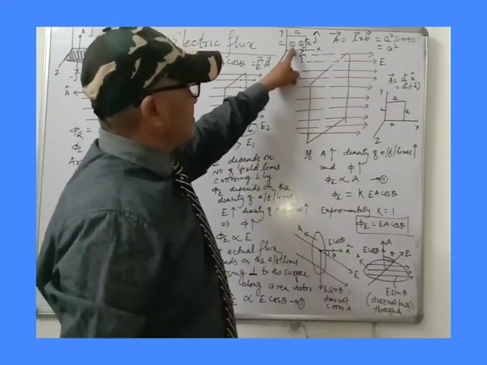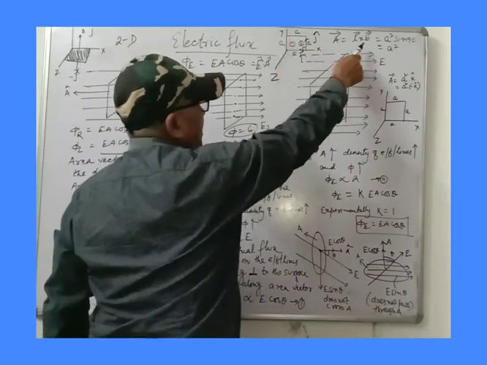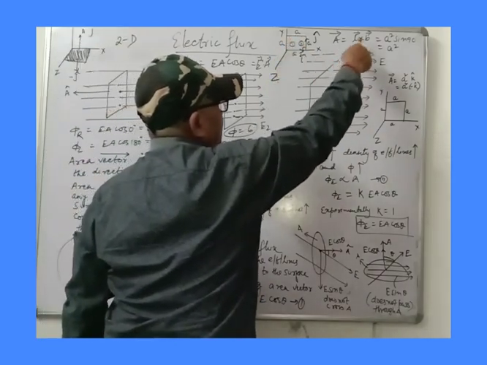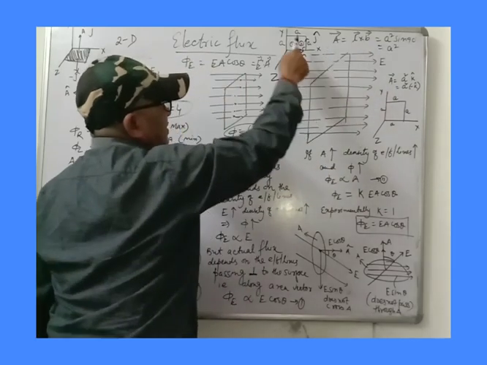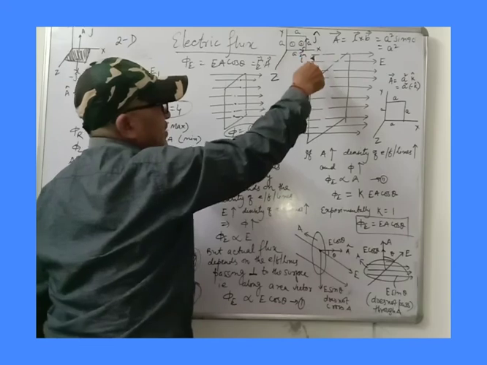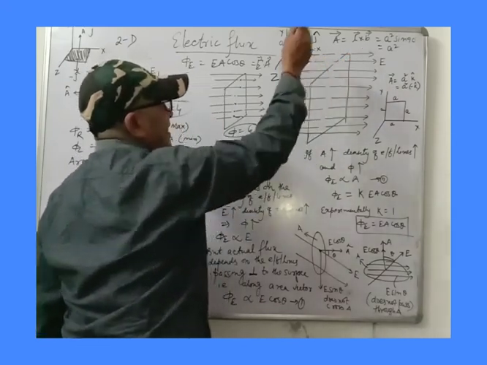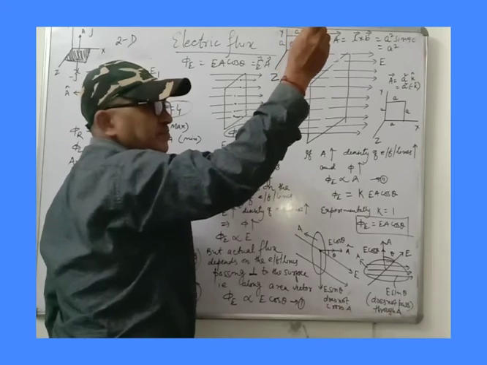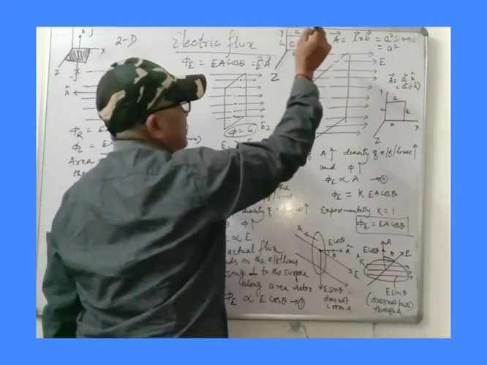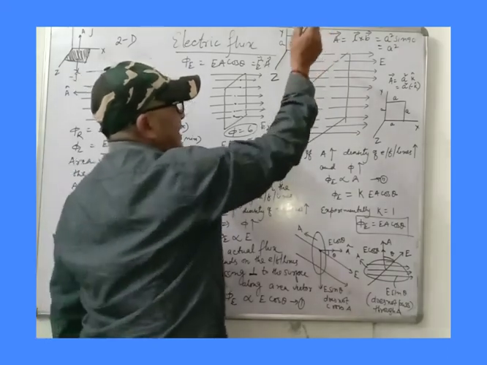In this case, it will be perpendicular to the plane containing L and B. This figure is in the XY plane, so the vector perpendicular to the XY plane will be along the Z axis.